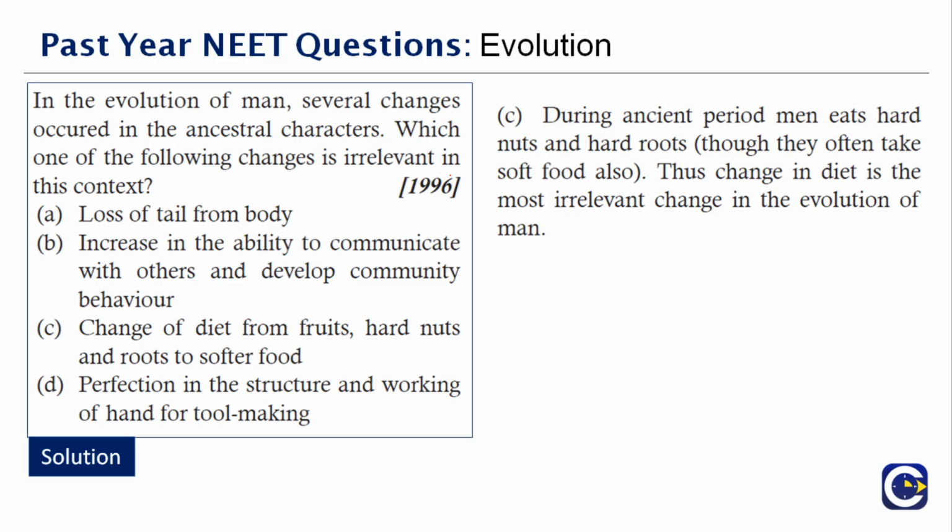Now for example, let's consider the tail. There is research telling that man had a tail. Now as evolution, as changes have occurred, we have got an erect body, a good posture. All that comes under evolutionary changes, but the diet thing cannot be relevant to the evolutionary changes. Therefore the right answer is option C.